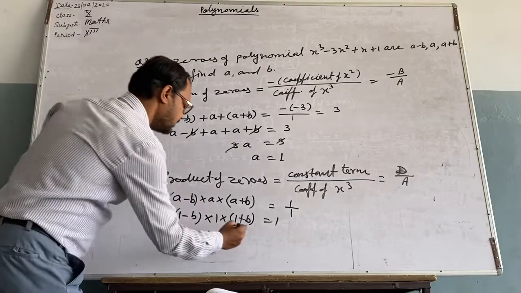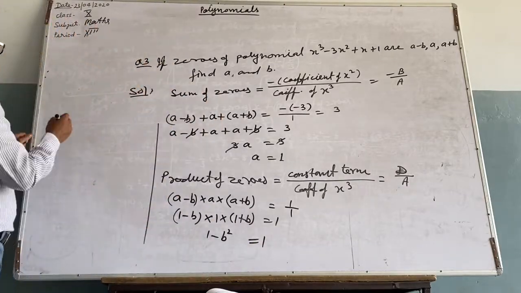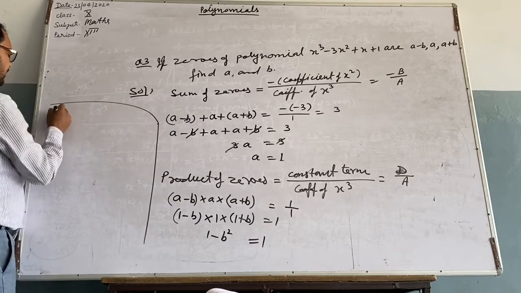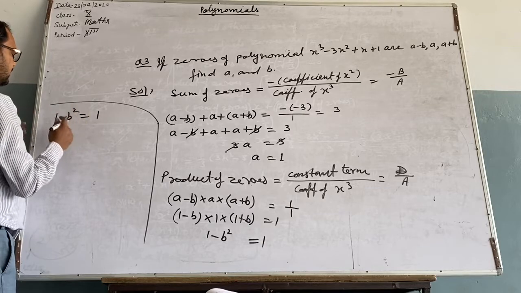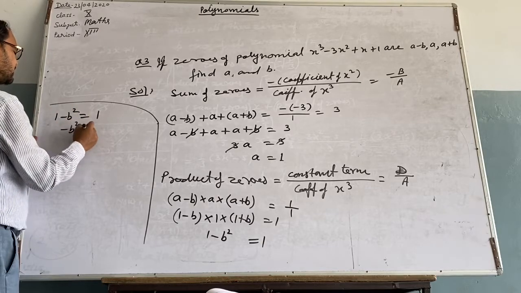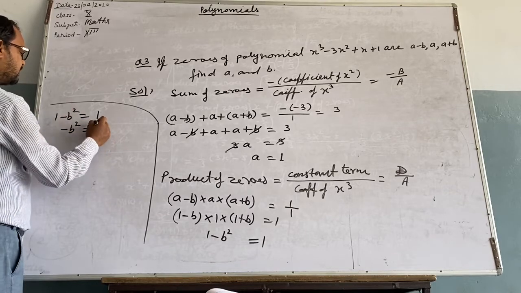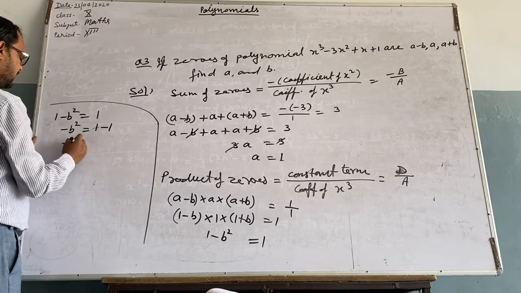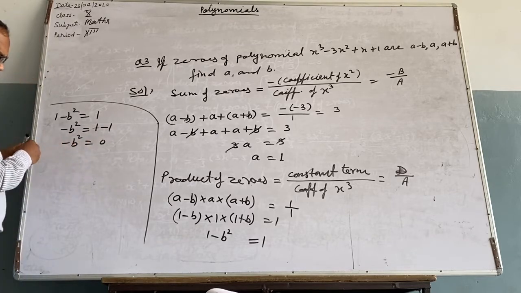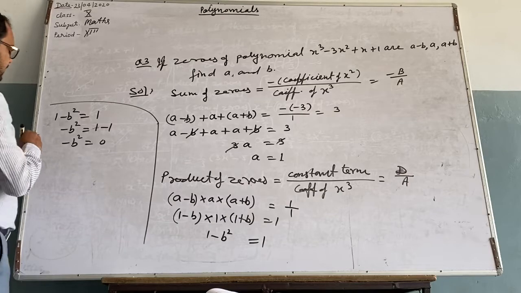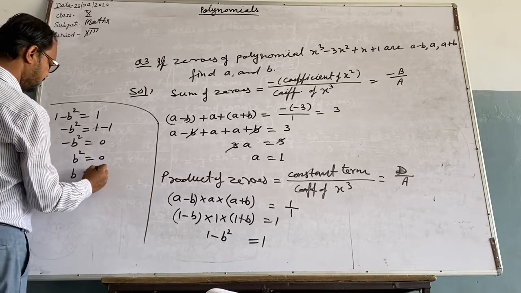This will give you 1. Now taking this here, 1 minus B square is equal to 1. Now transferring here and there, minus B square is equal to minus 1. Minus B square is equal to 1 minus 1. So minus B square is equal to 0. And you can say B square is equal to 0, B equal to 0.